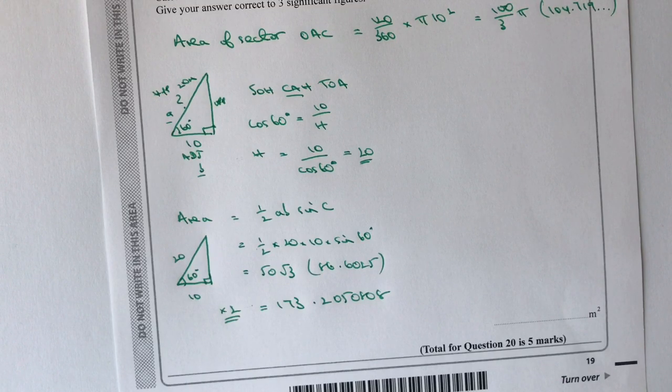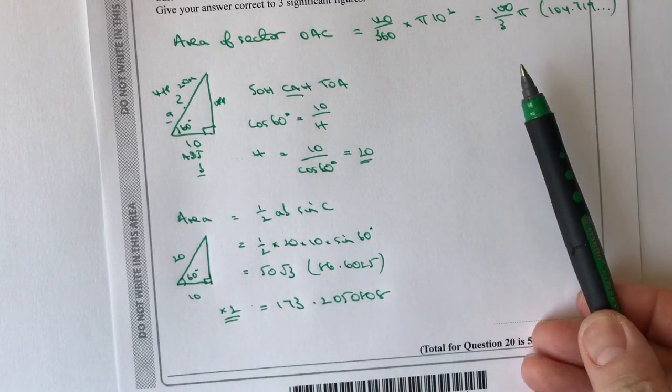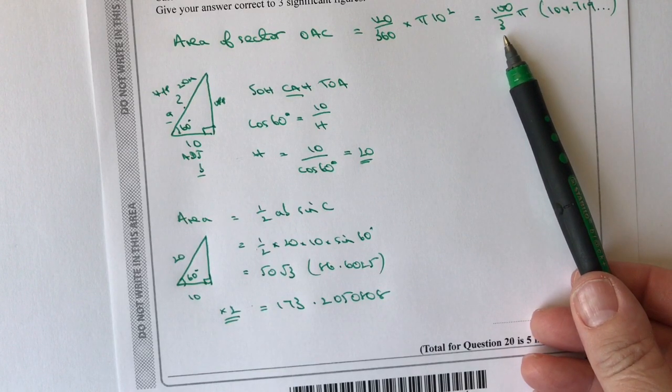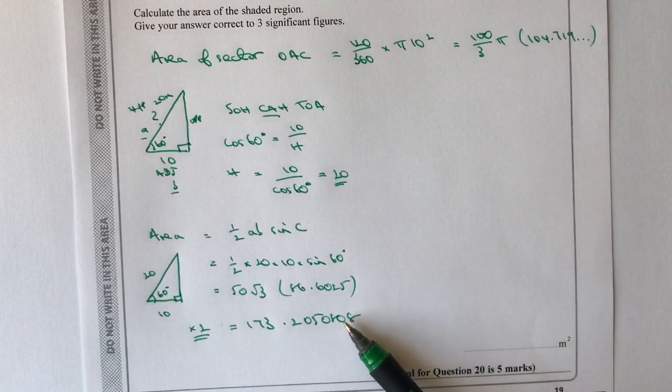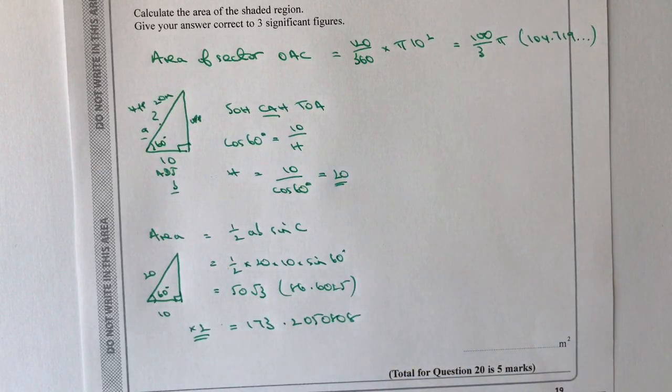So what we've got then is the area of the shaded region. If you remember, we said originally the total area was this, right at the very top of the screen here. And we've worked out the area of the two triangles. So if we take one away from the other, we're going to get the area of the shaded region.